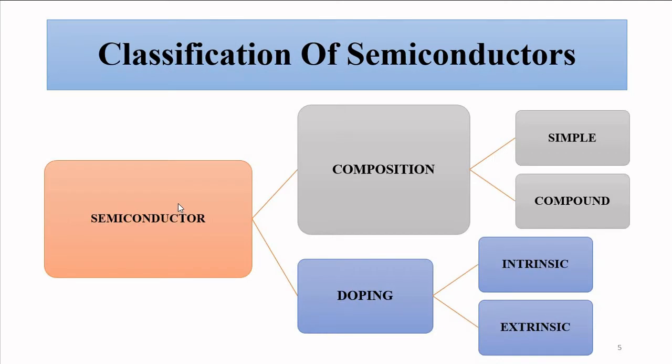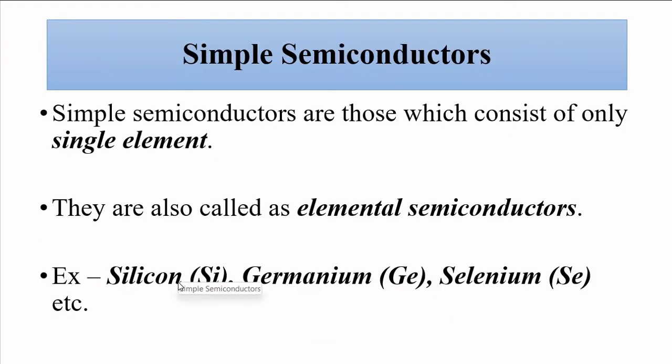Then is the classification of semiconductors. We can classify semiconductors on the basis of two aspects: first, composition; second, doping. On the basis of composition, semiconductors can be classified as simple semiconductors and compound semiconductors. Simple semiconductors consist of only one element, a single element.